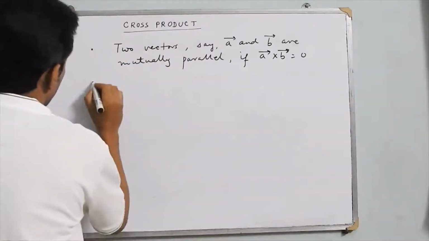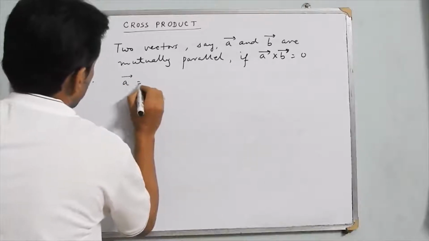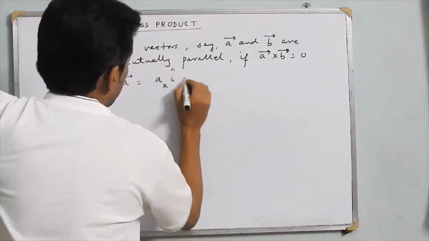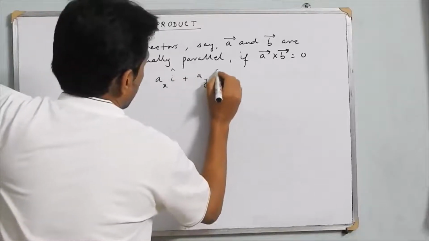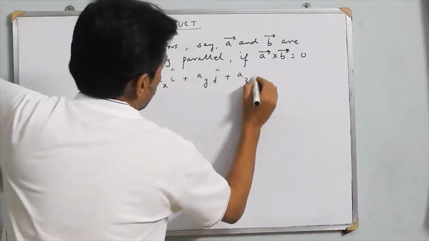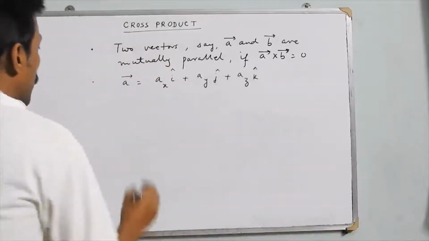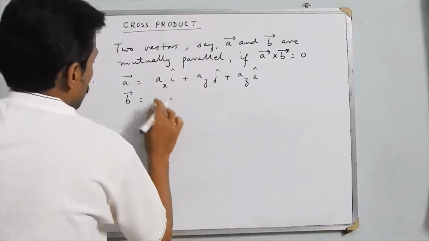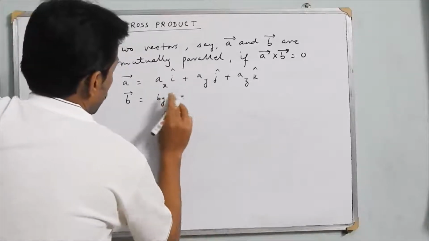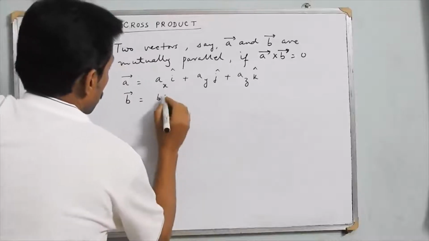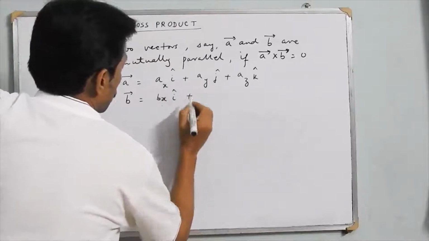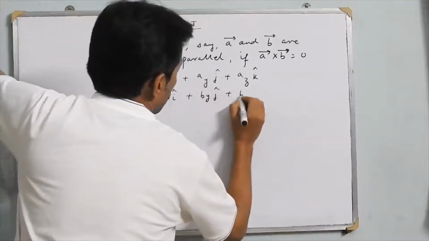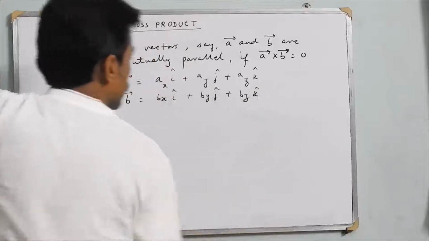Suppose A vector is expressed as Ax i hat plus Ay j hat plus Az k hat, and B vector is expressed as Bx i hat plus By j hat plus Bz k hat.